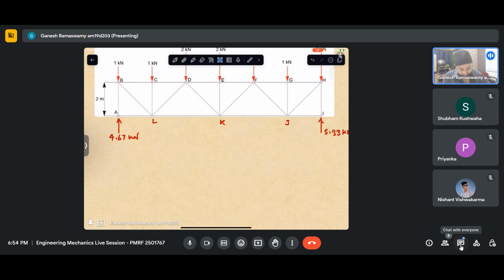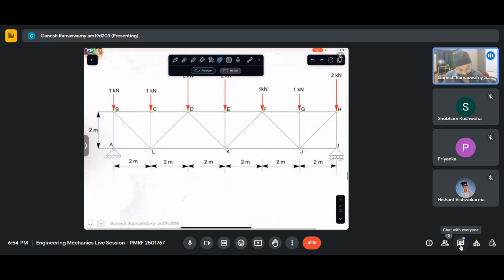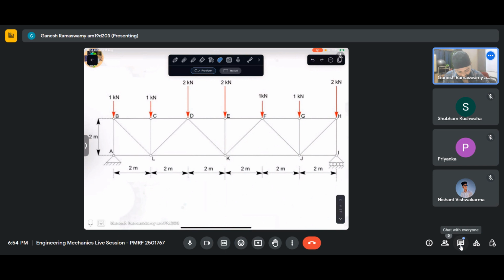For example, if I cut this section, that is, I pass an imaginary cut through that. Or let me take this original truss. Let me go here and cut a section like that.